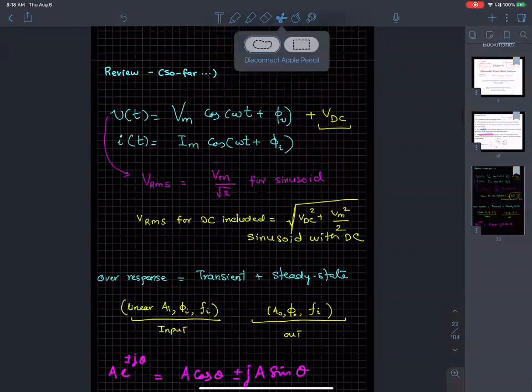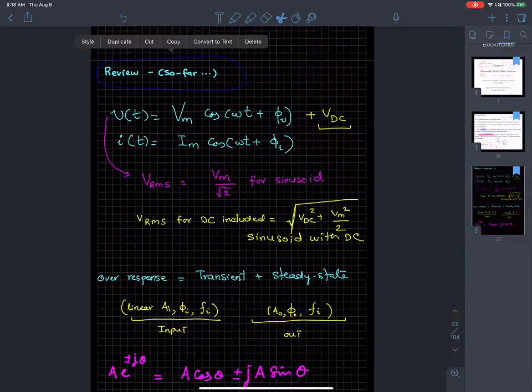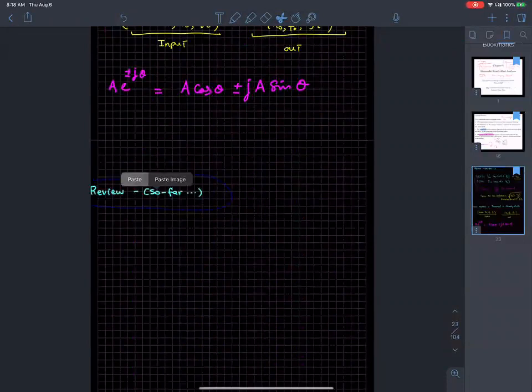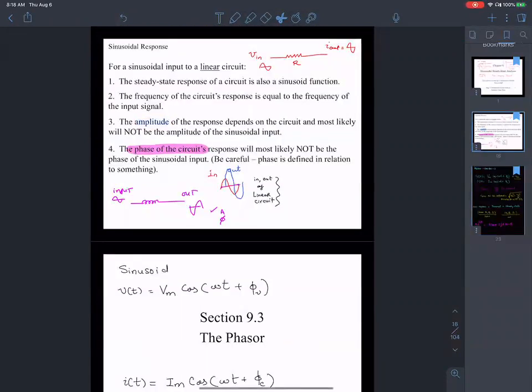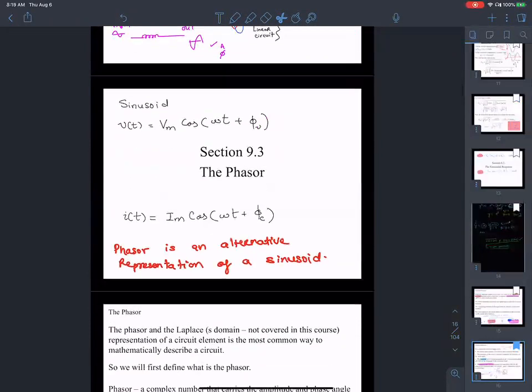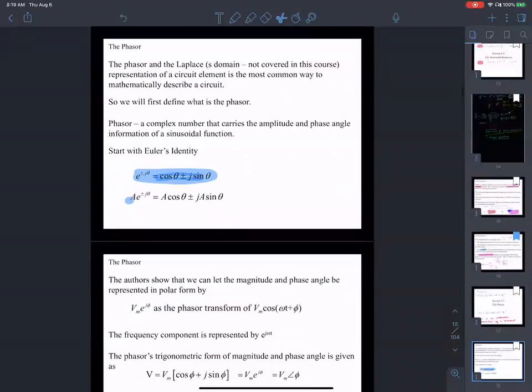So let's continue our review on this page as well. A review of what we did in the last class, all the important things that I want you to get, just so we can proceed with the problems.